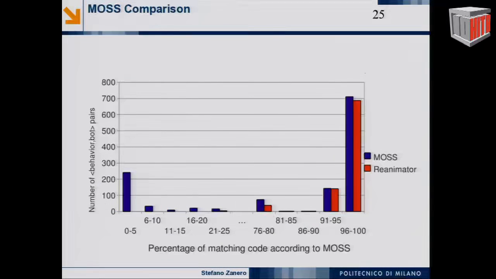On this axis, you have the percentage of matching code according to MOSS, so how much of the code matches. And here, you have the number of samples, since I couldn't show you all 208 samples on a slide with the results. We have looked at the results one by one.